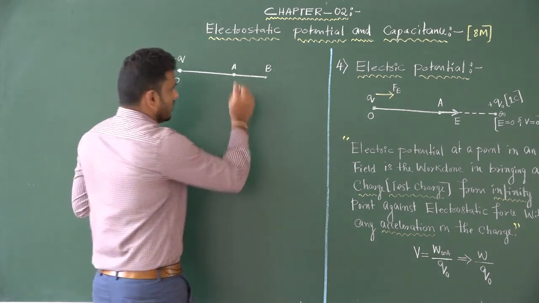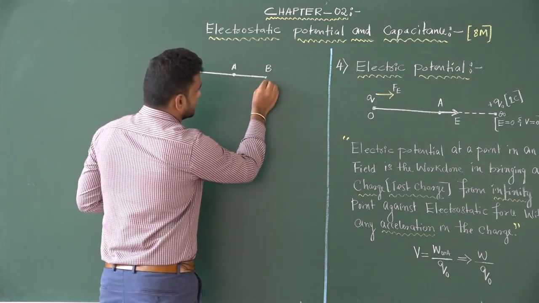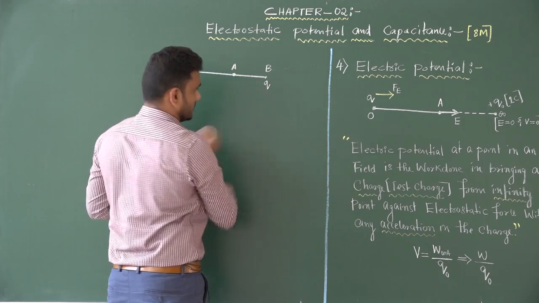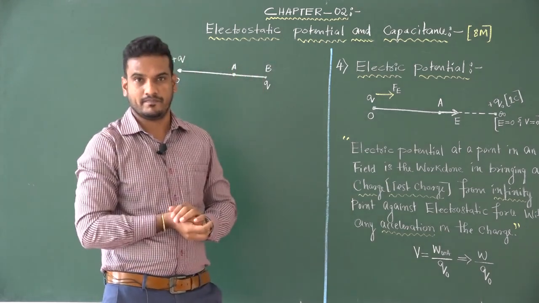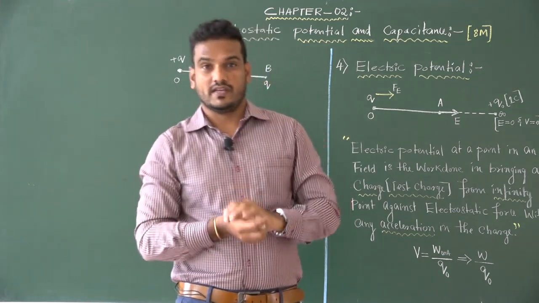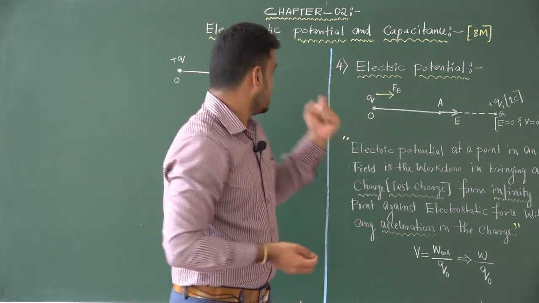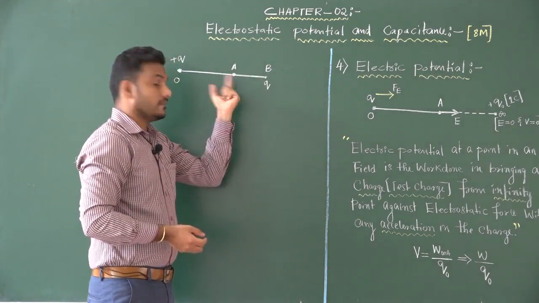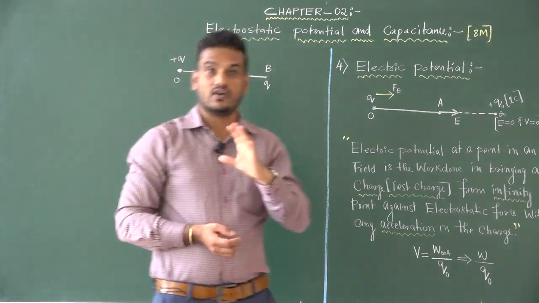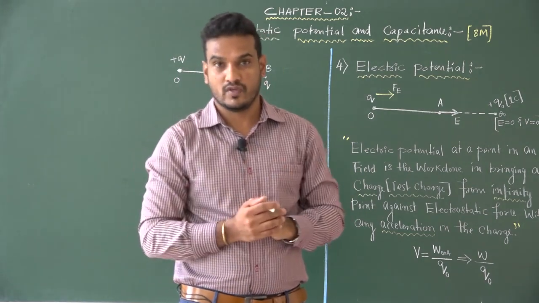Now I am going to place one more positive charge Q at the point B. Now my question is, can the charge Q move from point A to B by itself? The answer is no.